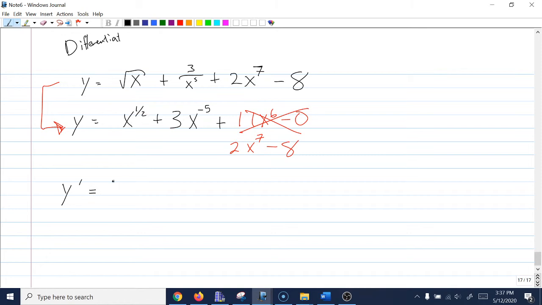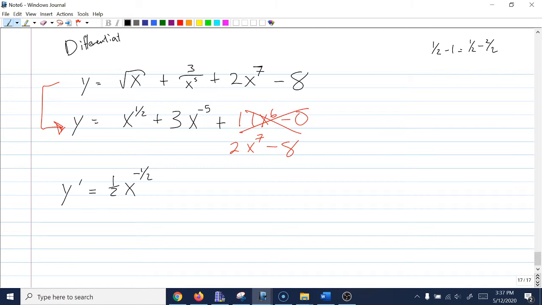Derivative of x to the 1/2 is 1/2 x to the, what is a half minus 1? That's a half minus 2/2. 1 minus 2 is negative 1/2. In general, when you subtract 1 from a fraction, you're looking at numerator minus denominator as the new numerator.